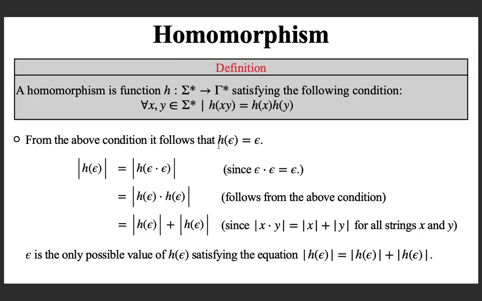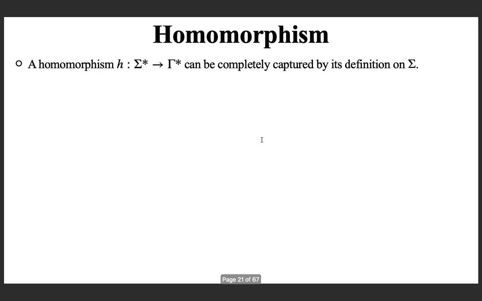And from this property it is derived that the homomorphic image of epsilon must be epsilon. Now we can see that a homomorphism h can be completely captured or defined by its definition on sigma.